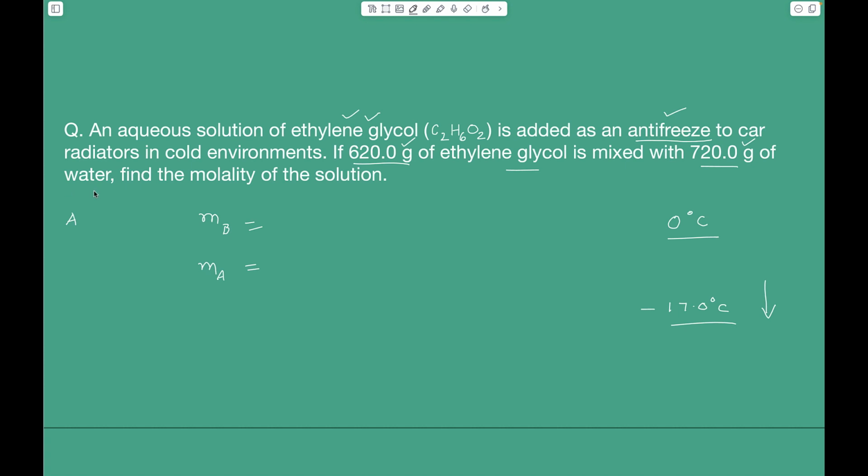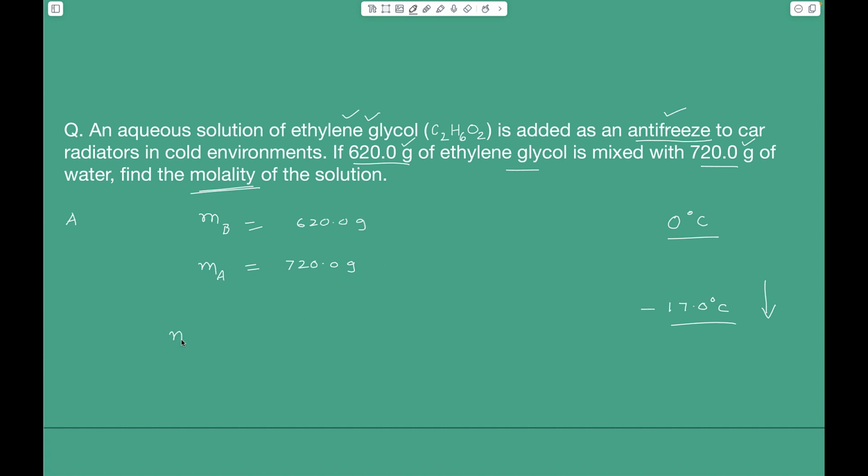So the substance whose properties are changed is the solvent when you are calculating molality. So here the solvent is water. So the mass of the solvent given is 720 grams and the mass of the solute given is 620 grams.